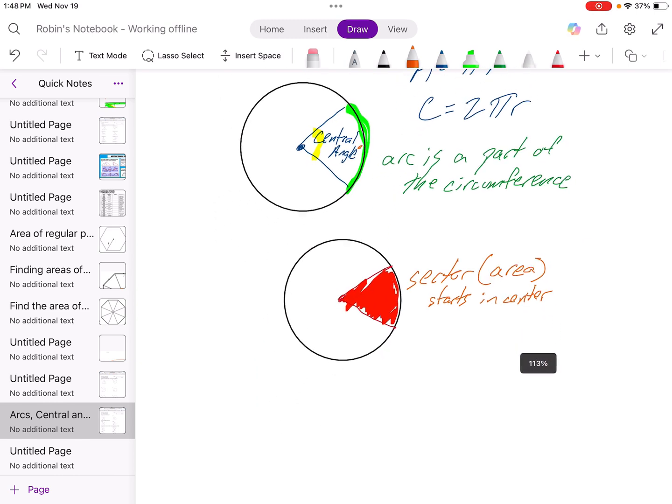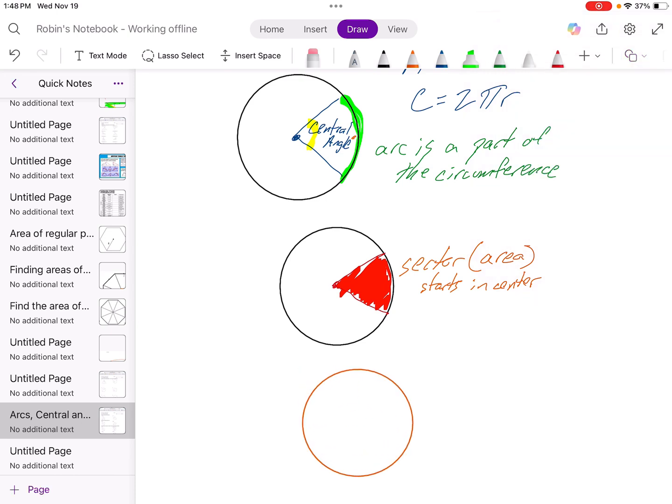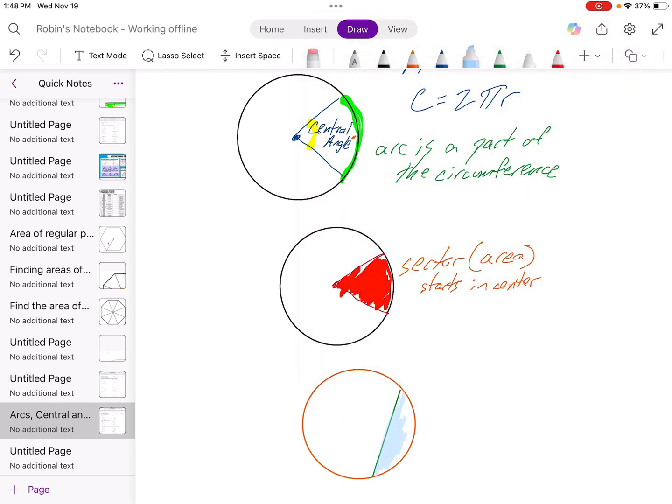Now, a segment, which we're not going to deal with too much today, is if I took a chord, which means not through the center. This one's a little bit more complex, but I want you to have it in your notes all in one place. You should kind of get used to that idea.